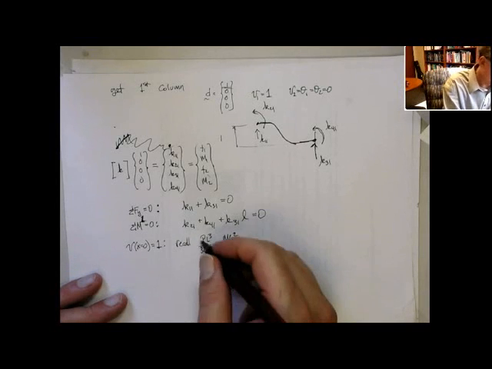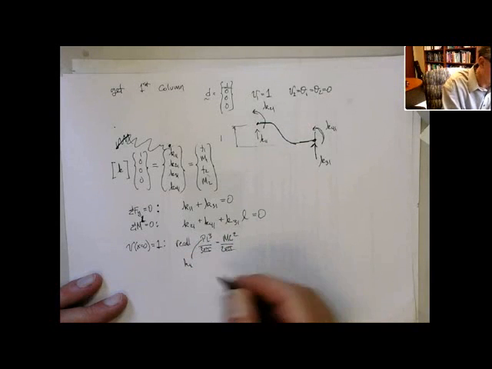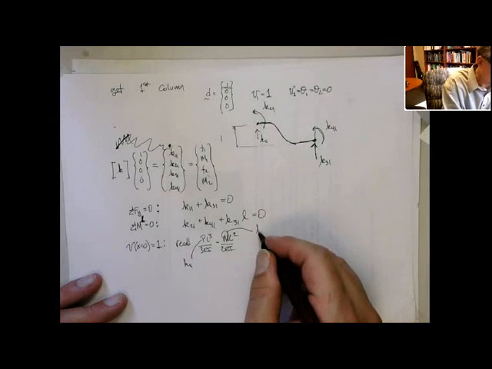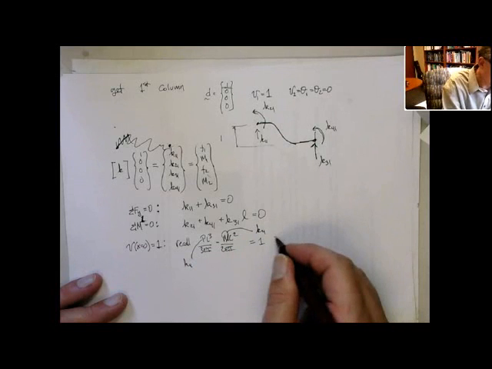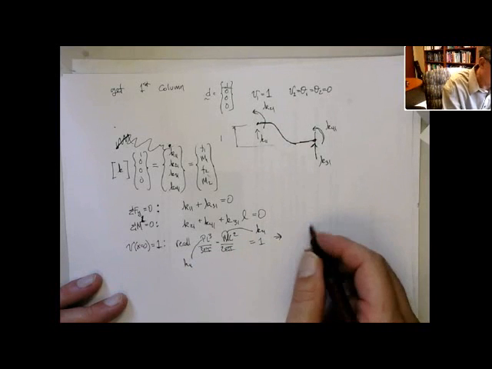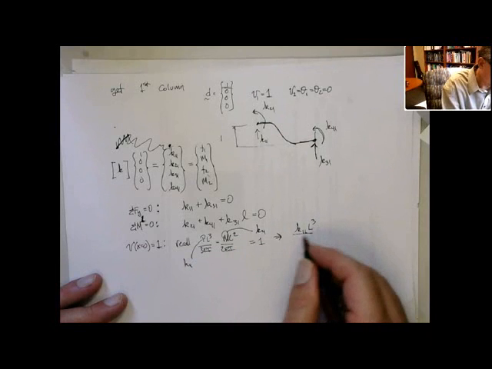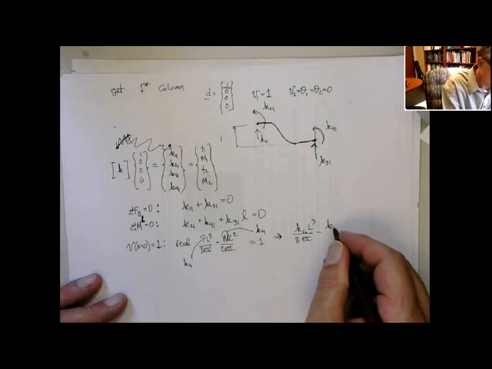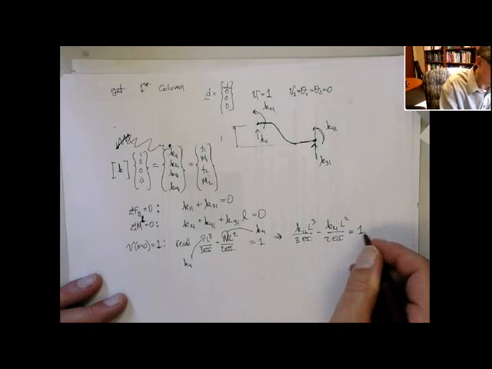But in this case, P, that's the force, that's K11, and M is this moment, that's K21, and that has to equal 1. So that gives us this next equation: K11 times L cubed over 3EI minus K21 times L squared over 2EI equals 1.